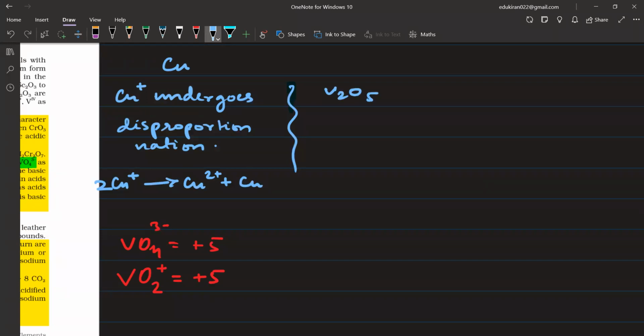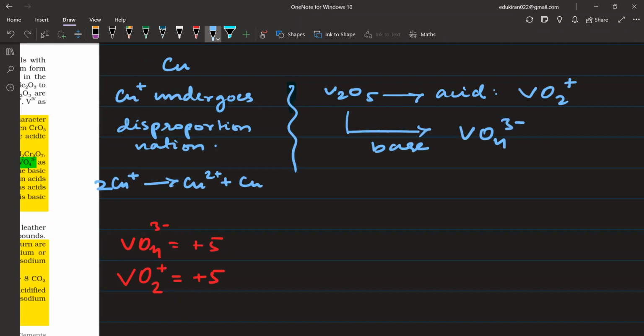V2O5 अब जब इसको एसिड के साथ रिएक्ट कीजिएगा, then it is going to give you VO2 positive. VO2 positive देगा. और जब आप इसको बेस के साथ रिएक्ट कीजिएगा, तो ये आपको VO4 3 negative देगा.